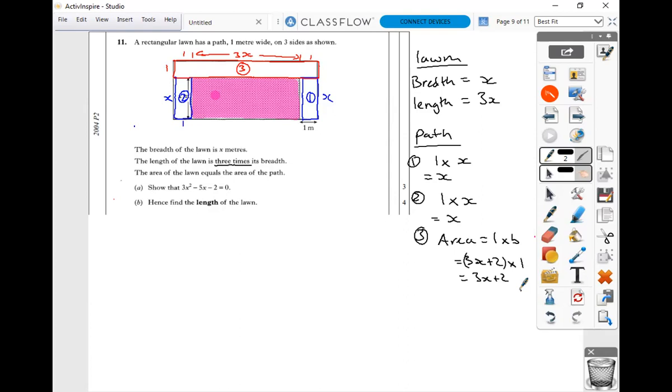There probably is another way to do it. Okay, and then you add those areas together. So total area would be 1 plus 2 plus 3 equals x plus x plus 3x plus 2. Okay, should give 5x plus 2.